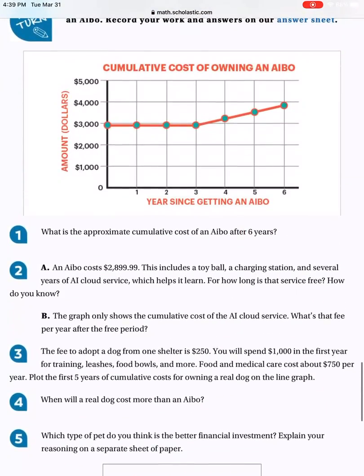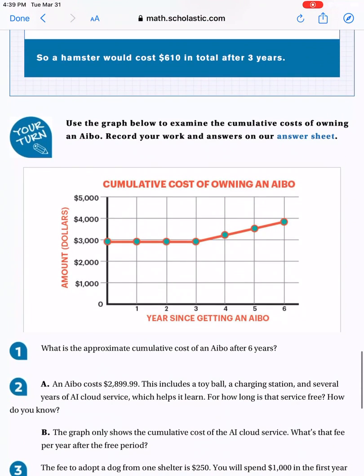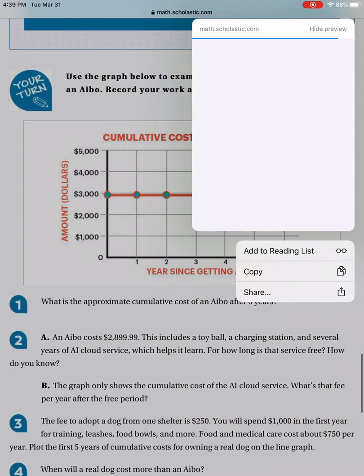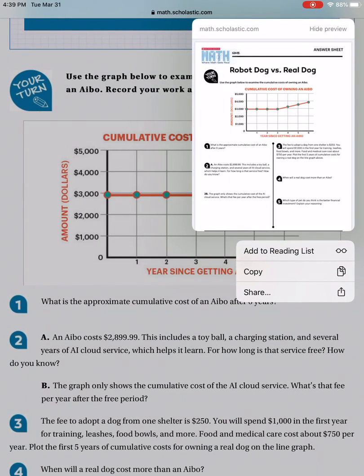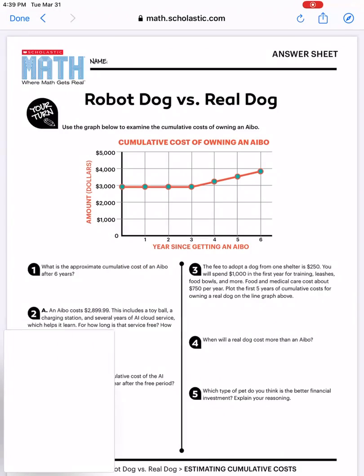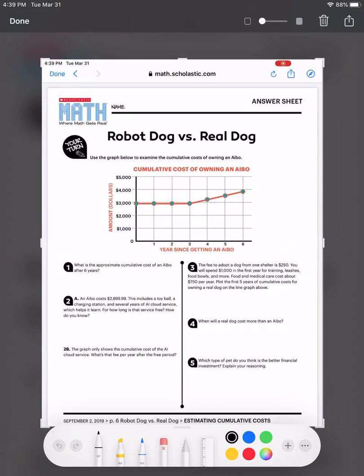Then you can either write your answers on scrap paper, or you could click on answer sheet. This is getting really fancy here. Let's see if it'll do it for me. Maybe not. Oh, there we go. I'm going to open up this answer sheet, and if I want to, I can take a screenshot, open this up, and just write my answers on this worksheet.